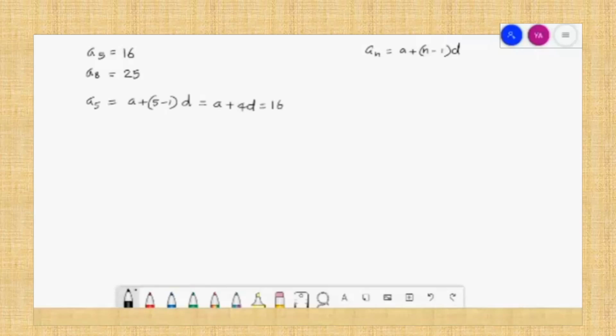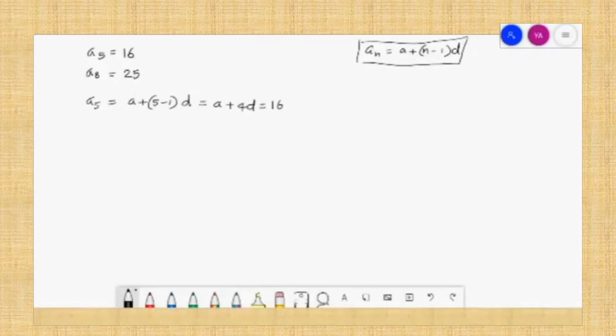Look at what we did right now. The fifth and eighth terms are given. So we wrote a5 = 16 and a8 = 25. And we know the nth term formula, a_n = a + (n - 1)d. So we write a5 = a + (5 - 1)d, because in the position of n, it is 5.